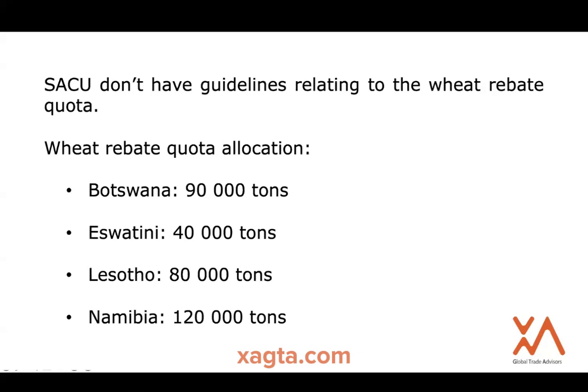Now, there's an interesting dynamic that occurs because of these rebates. If we get to the pasta example, Namibia has a baked-in advantage over South Africa because they can import 120,000 tons, convert that to flour to pasta, and if I have my numbers right, about 95% of the cost of pasta is the wheat itself, and the others is a bit of sugar and a little bit of water.